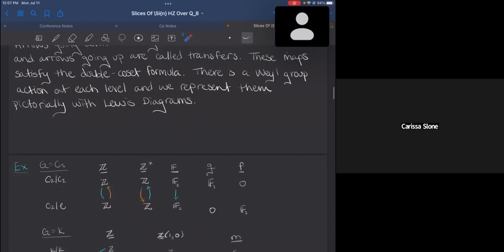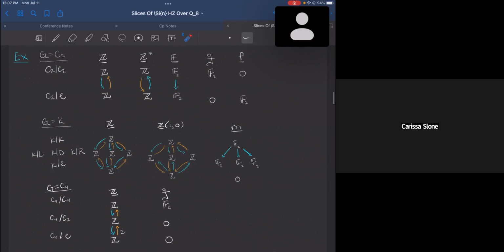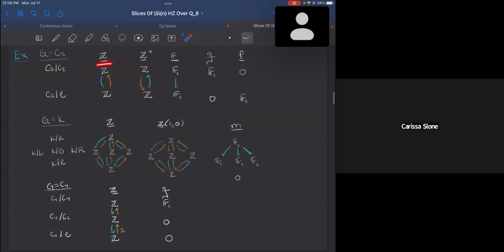For example, let's take a look at, well, first C2. So C2 has a C2/C2 at the top and a C2/e at the bottom. First up is the constant Mackey functor Z-underline. It has a Z in each spot. The restriction is the identity, and the transfer is multiplication by 2. And all of the Weyl group actions here are trivial.